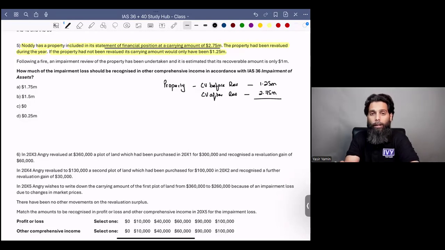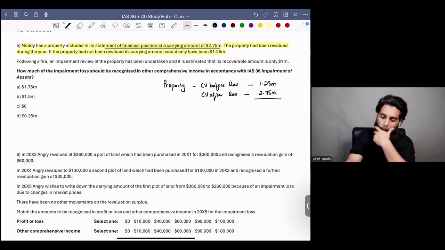Now, I am going to ask you a very difficult question and a very conceptual question. Let's see how many people can answer. What is the amount of revaluation that happened on this property?